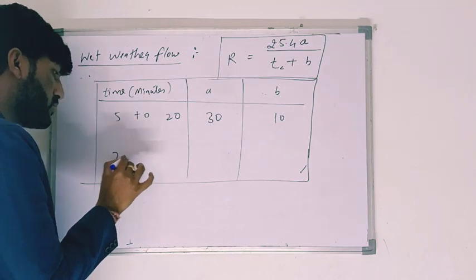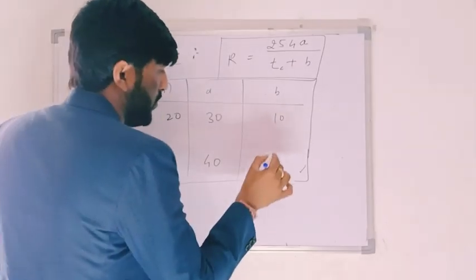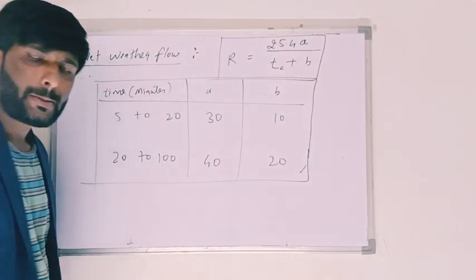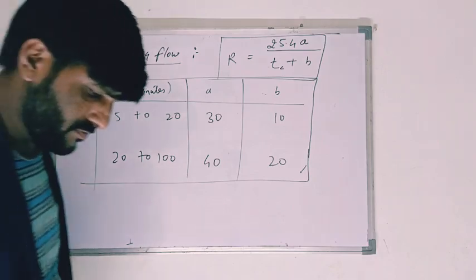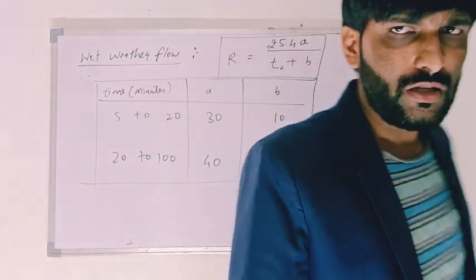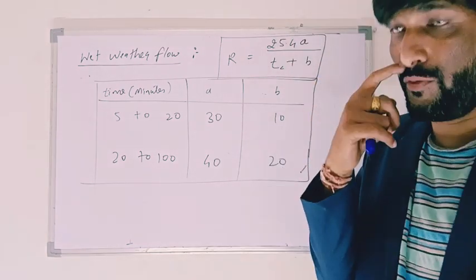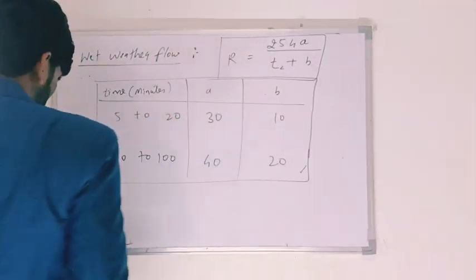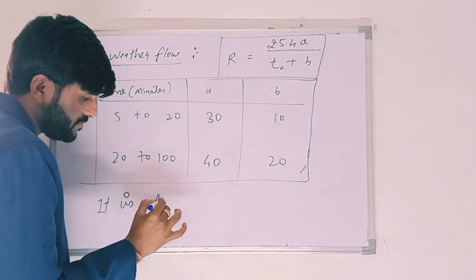For 20 to 100 minutes, the value of A is 40 and the value of B is 20. I hope you are understanding. These values are given in the specification, and it is a codal provision. Note it down.